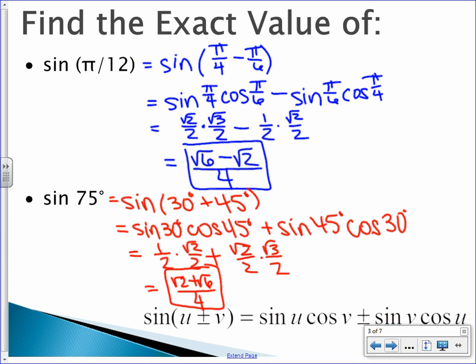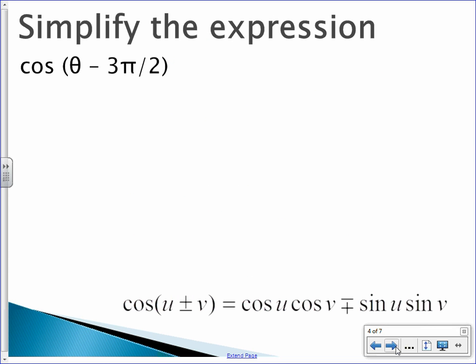This is the exact value. Questions here? All right. I want us to simplify this expression.